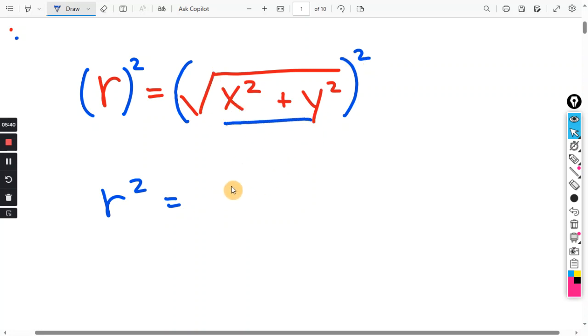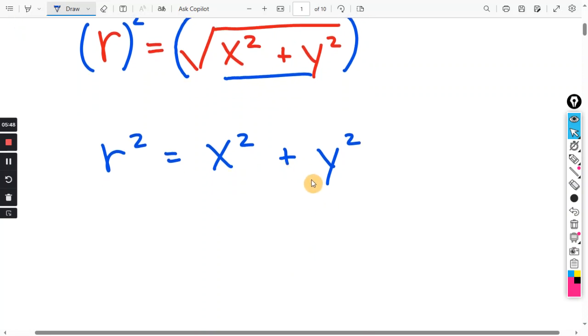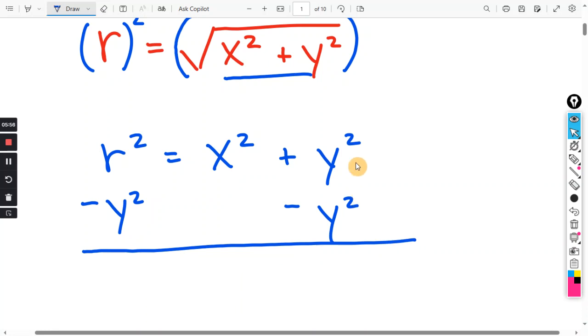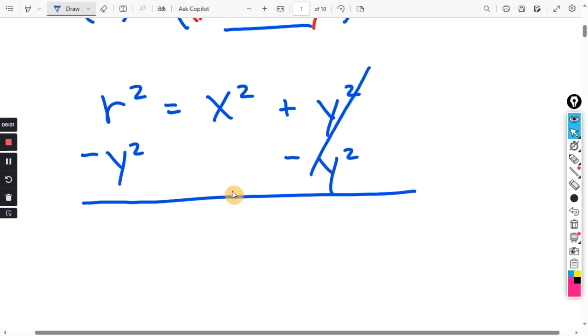So we are just left with x squared plus y squared. Solving for x, the opposite of positive y squared is negative y squared. All right, those cancel on the right. We're left with r squared minus y squared equals x squared.